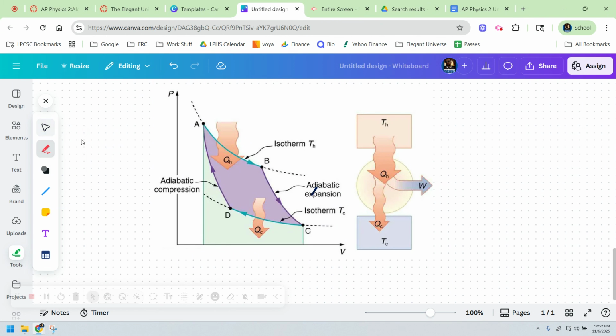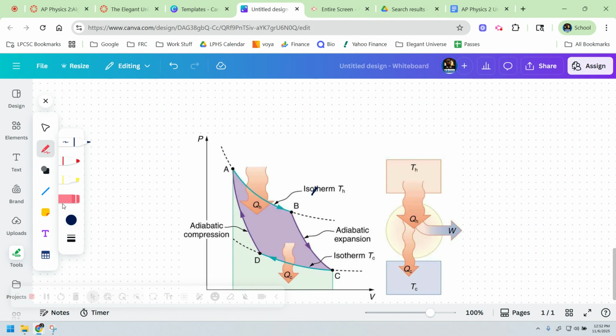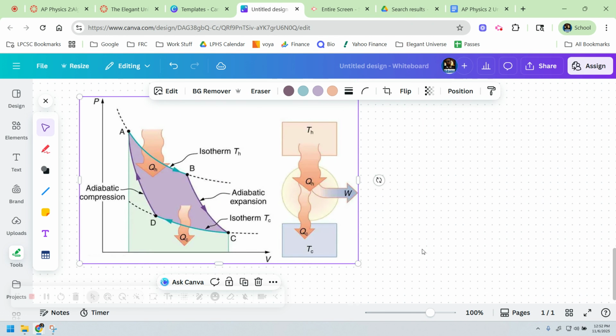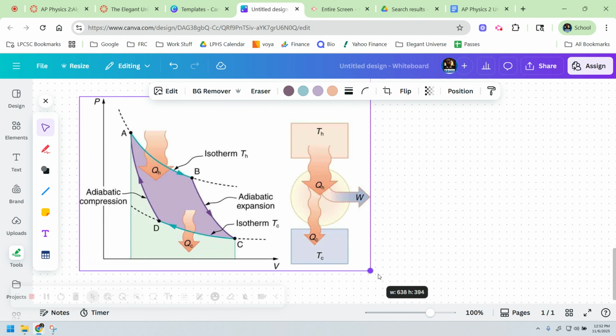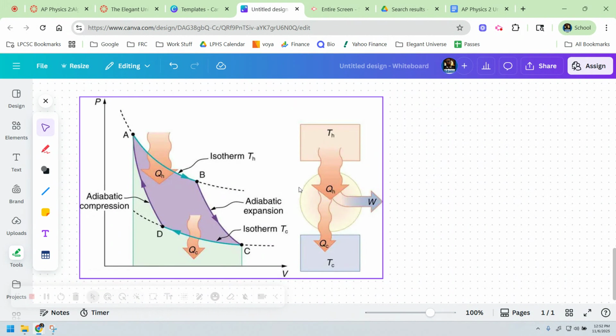So I gotta clean this up a little bit. I got some stuff in the way here. There we go. So very similar to what we talked about yesterday.